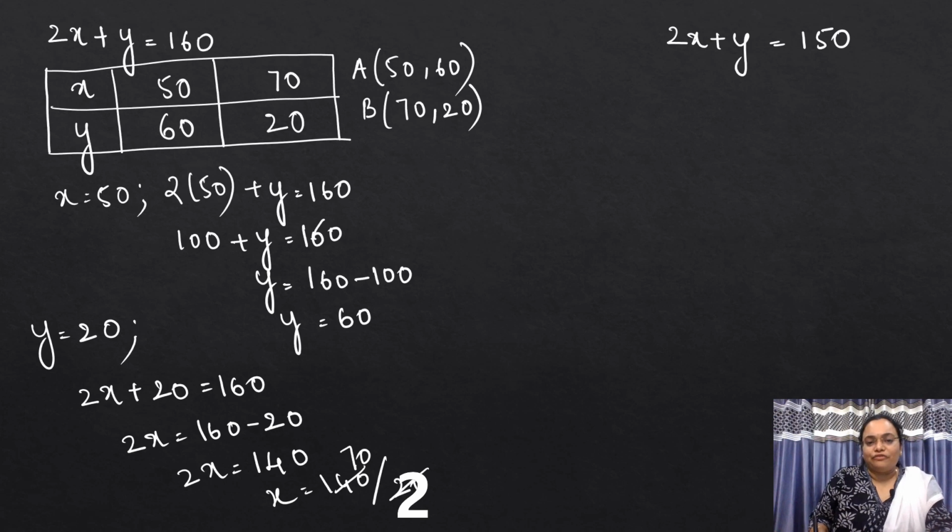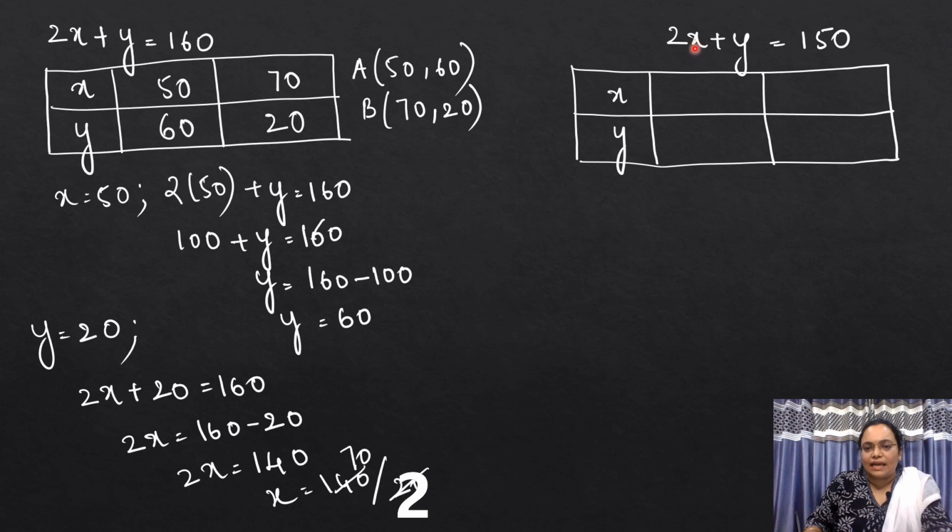Now let us find the points for the next equation. If you take x equal to 10, this will be 20, so if you send it to RHS you will get y equal to 130. Again, it is a bigger value. So let us see if we can take x equal to 50.